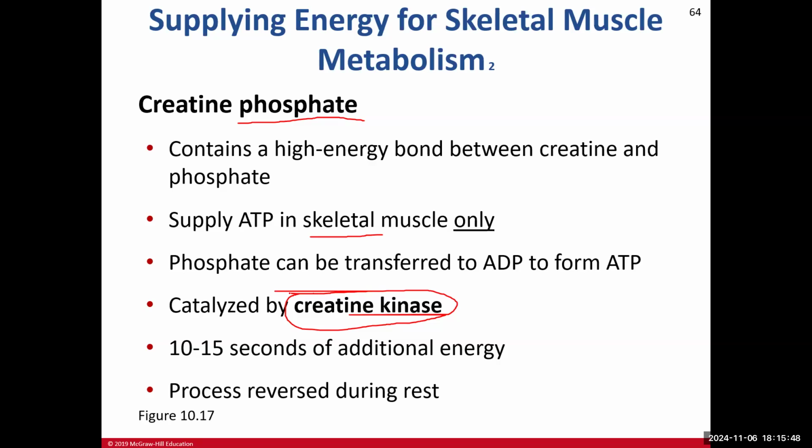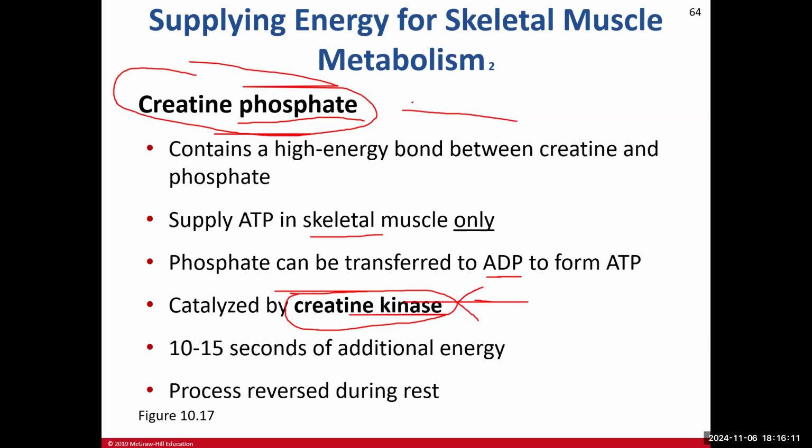We're going to start our metabolic process with one ADP molecule and our creatine phosphate molecule. This creatine kinase is going to take the phosphate off of the creatine molecule and stick it onto this ADP molecule, giving us ATP.